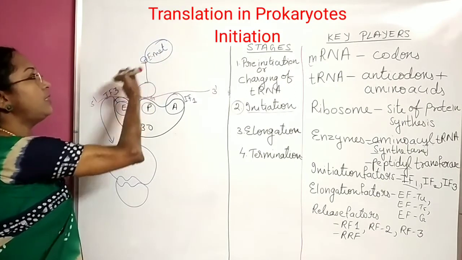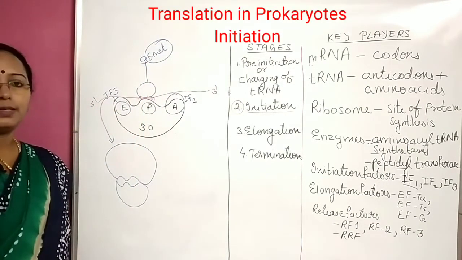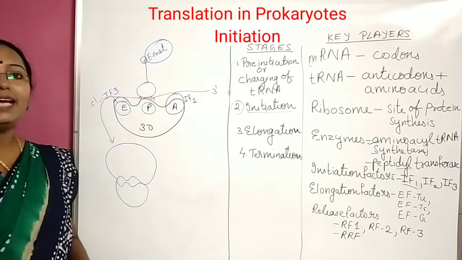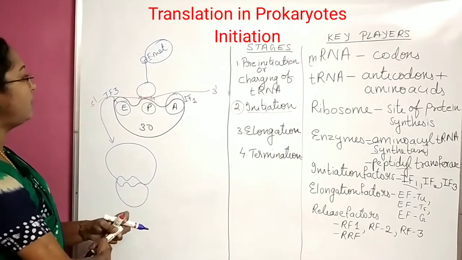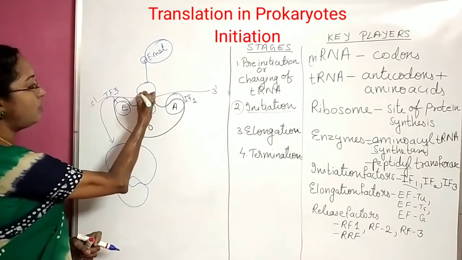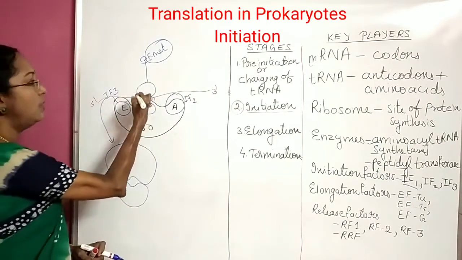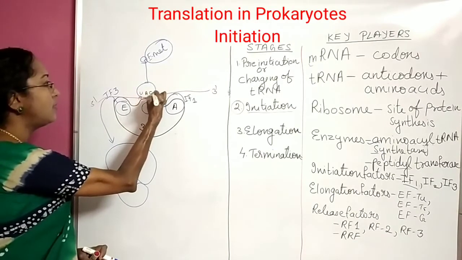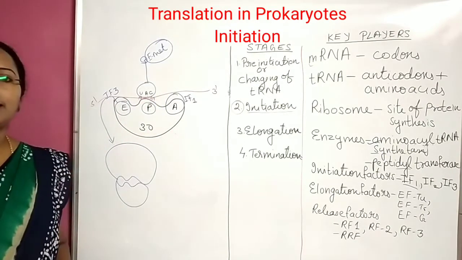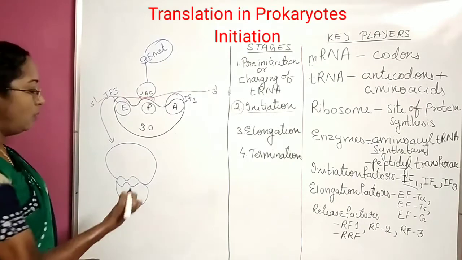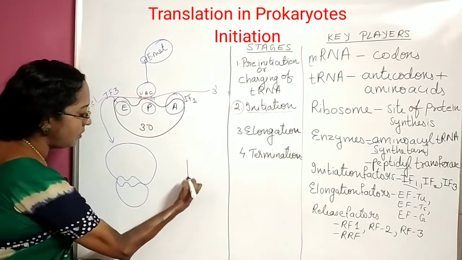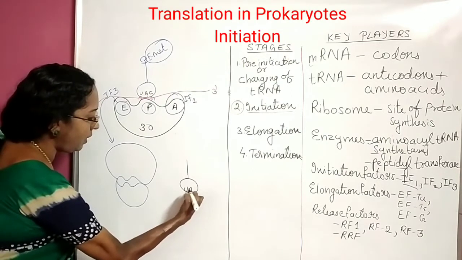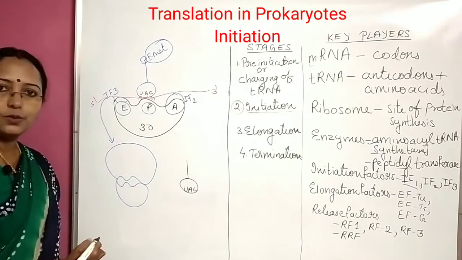Since it is the initiator, it is formyl methionine. My question is, what will be the anticodon? The anticodon is there in the tRNA, and it is complementary to the codon. So it will be UAC.